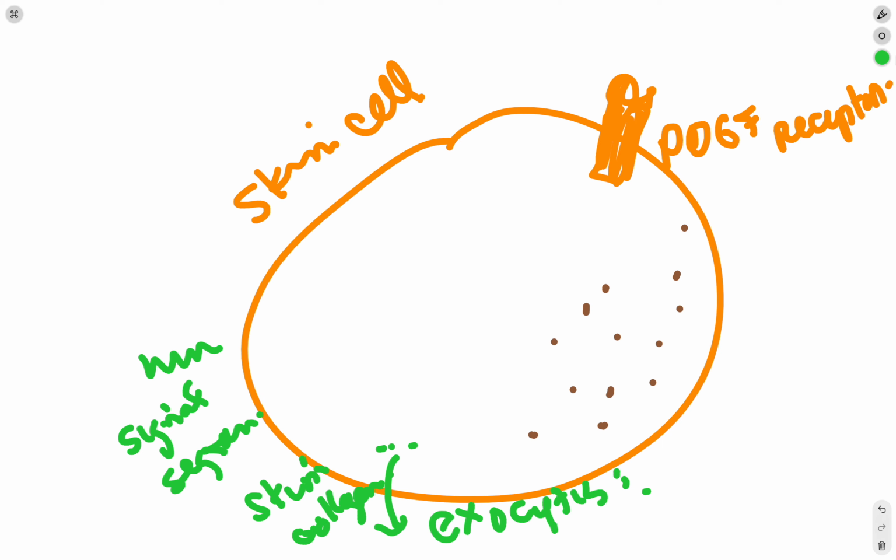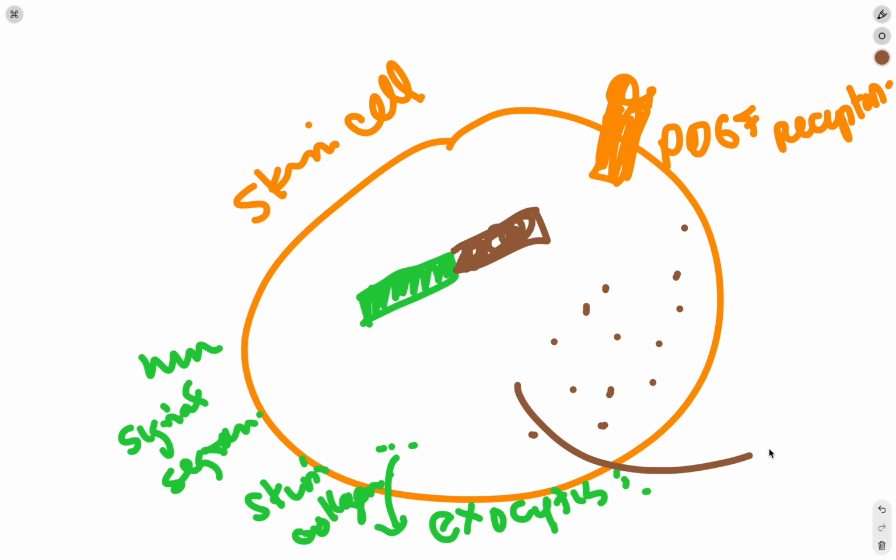So what we have in our chimeric protein that gets made by the patient is the first part of the protein is skin collagen, and the second part is PDGF. And that's how the hybrid protein gets out of the cell and binds in an autocrine fashion back to the PDGF receptor. So it's a very specific translocation that occurs by random chance.